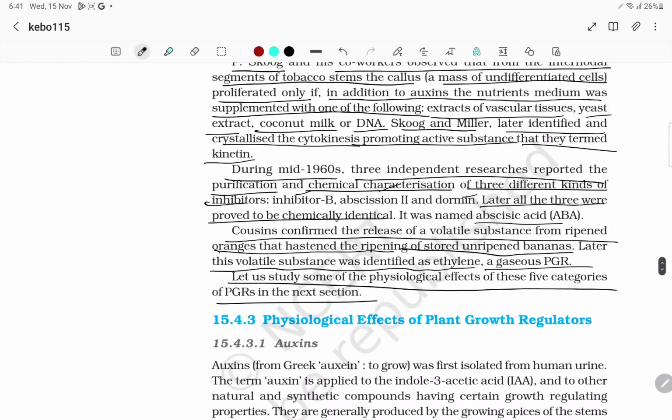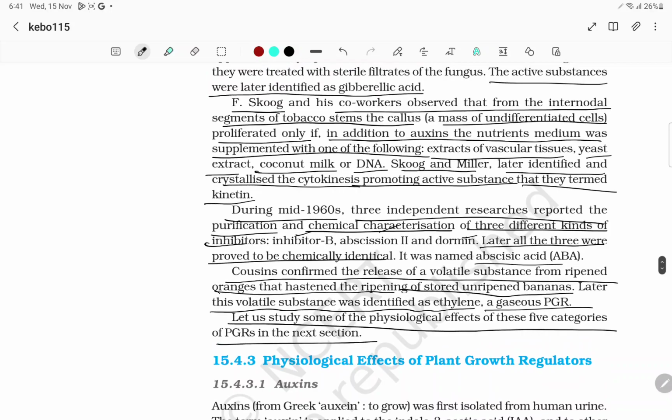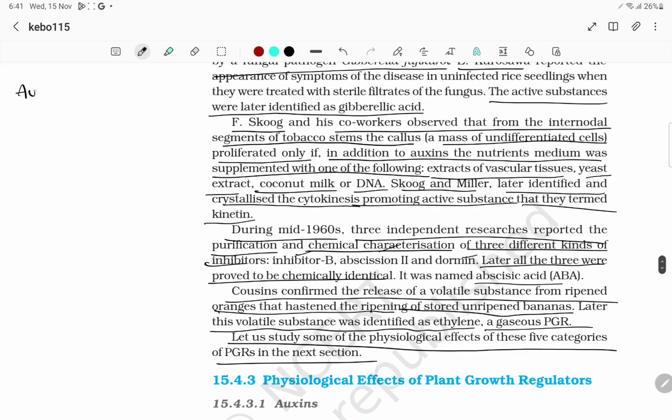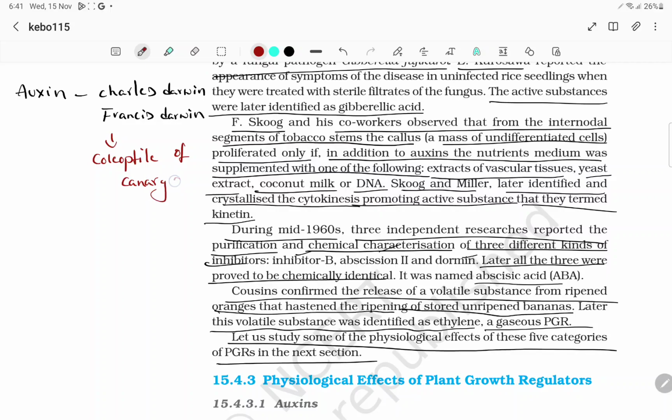Charles Darwin and his friend Francis Darwin. This is for auxin. Auxin, you have to remember the scientist names: Charles Darwin and Francis Darwin, from canary grass, coleoptile of canary grass.